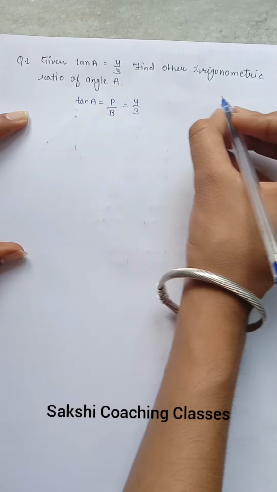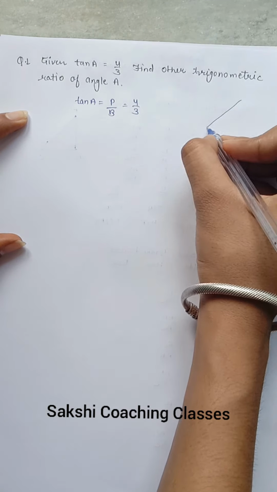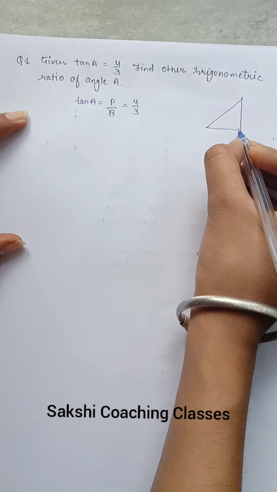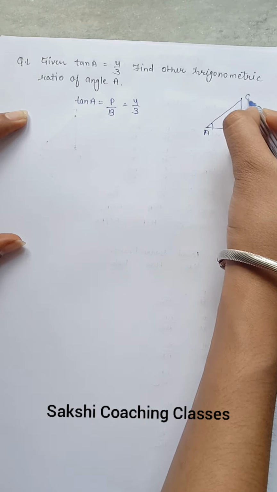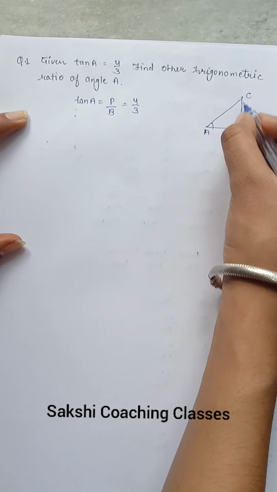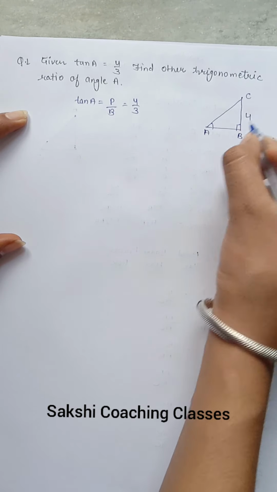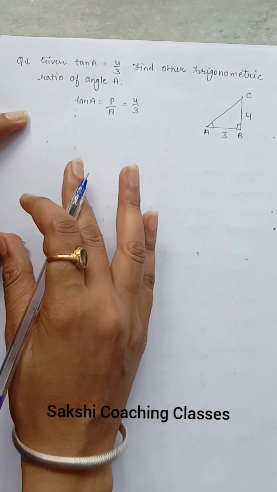It means there is a right angle triangle in which A is an acute angle, B is the right angle, and C is the other vertex. Here perpendicular is 4 and base is 3.